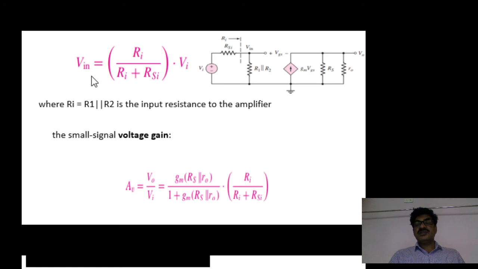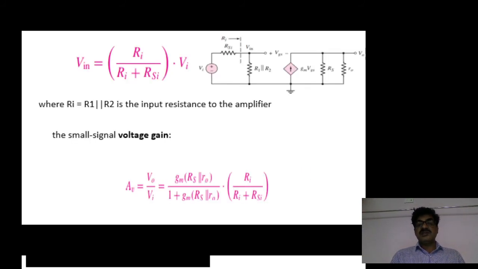Then substitute Vin in VGS, and VGS in the V naught equation, so that you get the gain AV equal to V naught divided by VI, equal to gm times RS parallel r naught divided by 1 plus gm times RS parallel r naught, into Ri divided by Ri plus RSI. Ri is the parallel connection of R1 and R2, that is the input resistance.